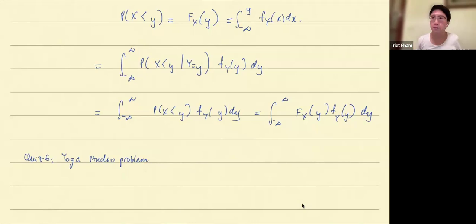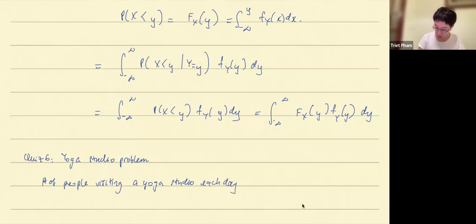So it runs as follows. The number of people visiting a yoga studio each day is Poisson lambda.